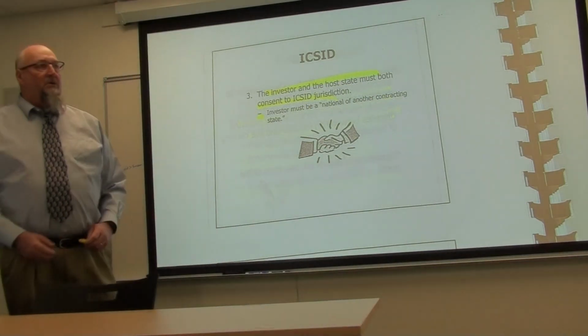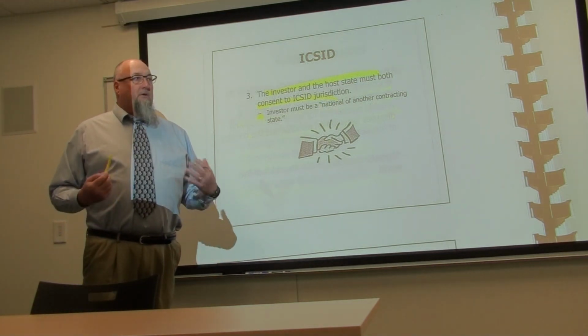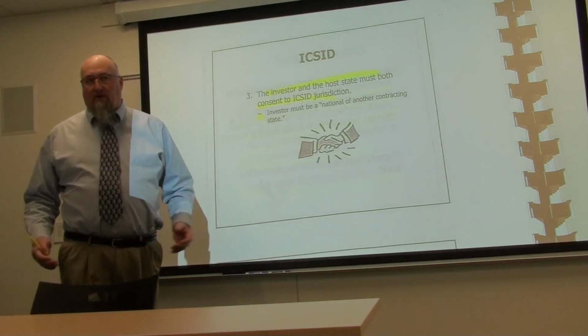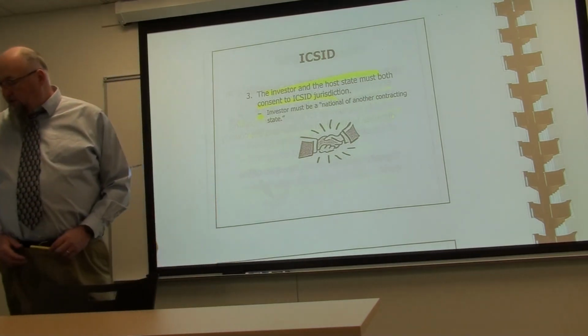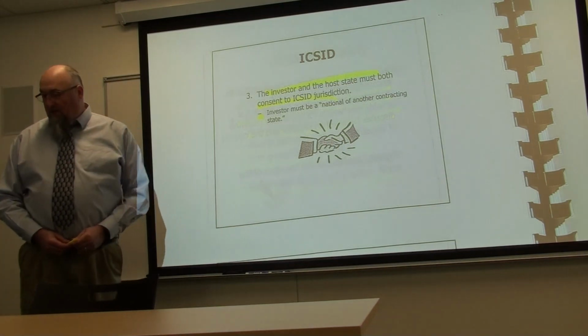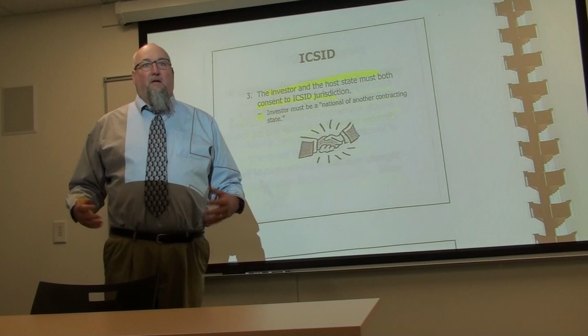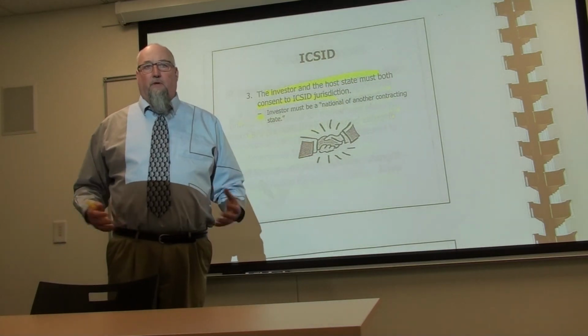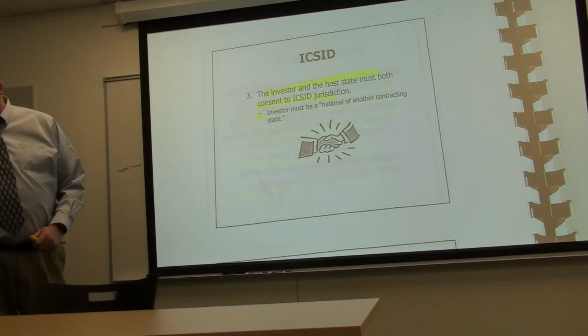And that's done typically ahead of time. So member countries can agree ahead of time, this is before disputes ever occur, that they will be under the jurisdiction and subject to an arbitration in the event of expropriation involving companies or people of their respective states. So this is done ahead of time.